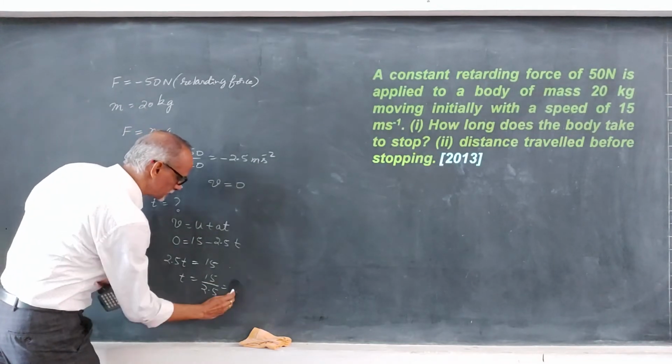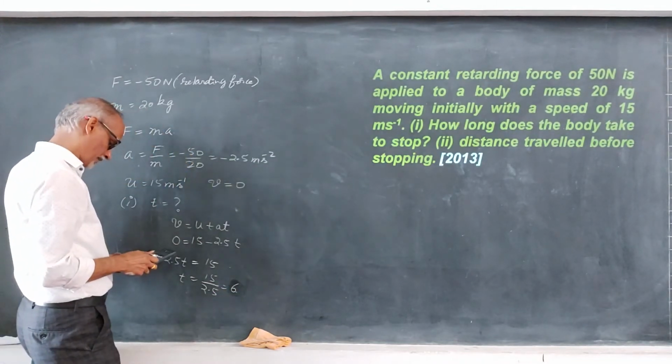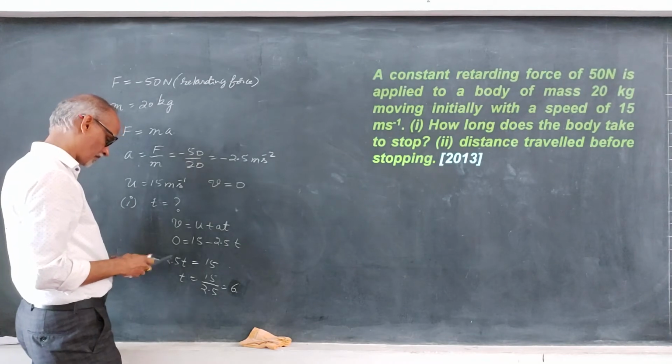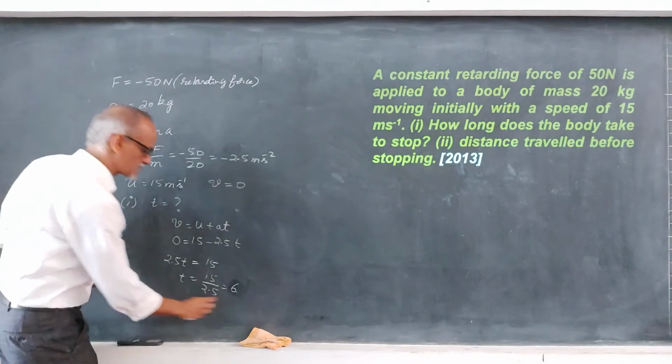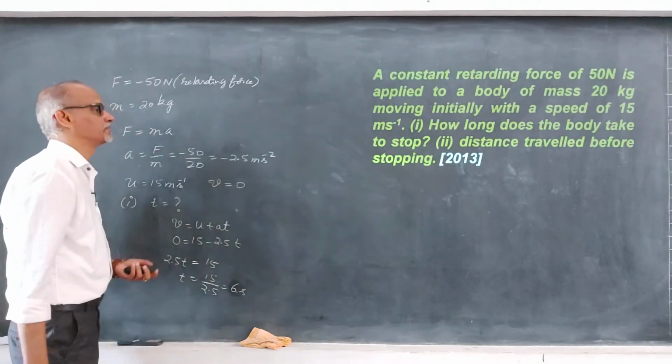Let's verify that. 15 by 2.5, yes, it is 6. So 6 what? 6 seconds, because we are calculating the time.